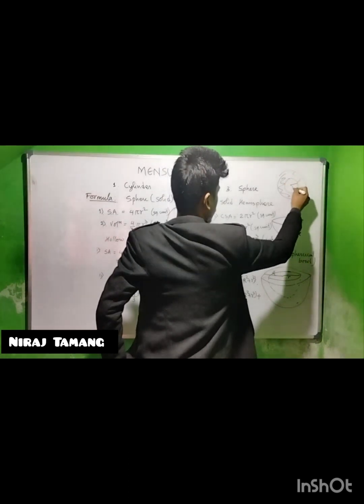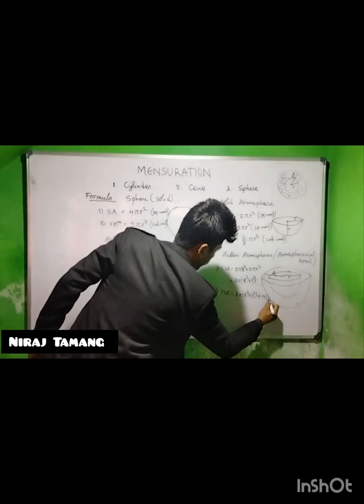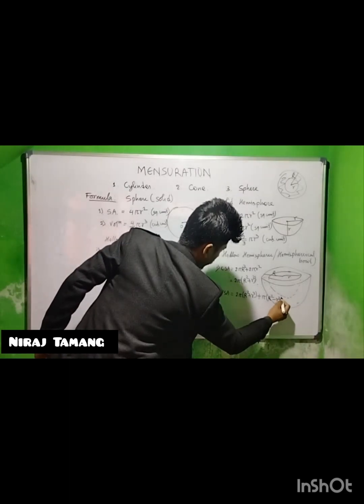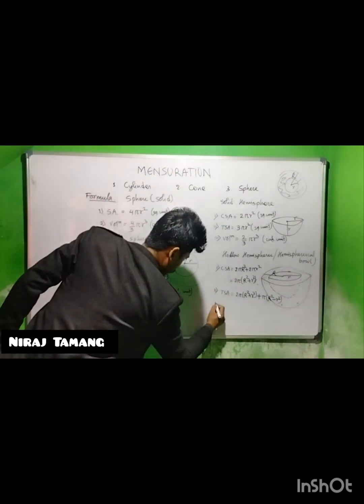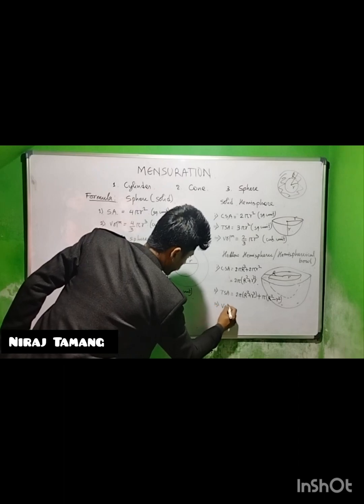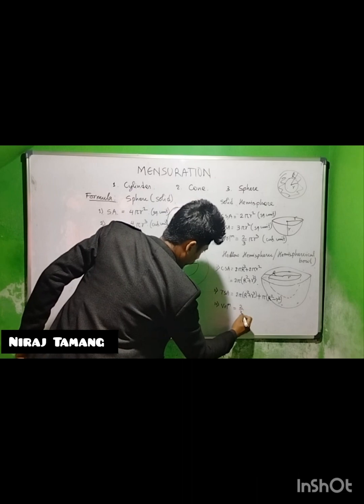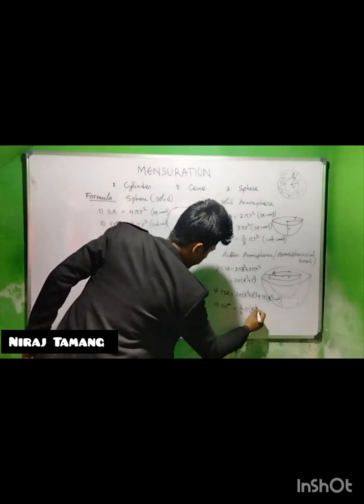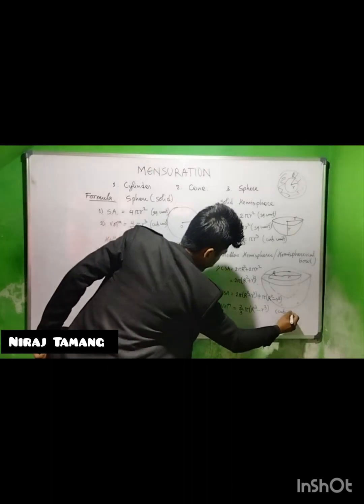The inner radius is small r, the outer radius is capital R. So it will be pi (capital R square minus small r square). So these are the formulas. And the last one is number 3, volume. Volume will be 2 by 3 pi (capital R cube minus small r cube). Its unit will be cubic unit.